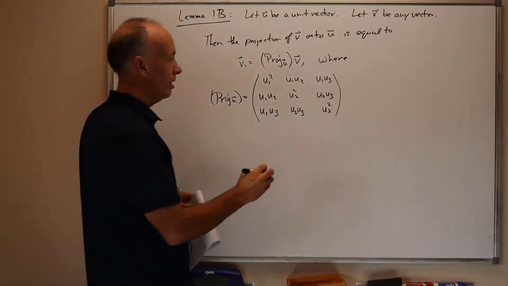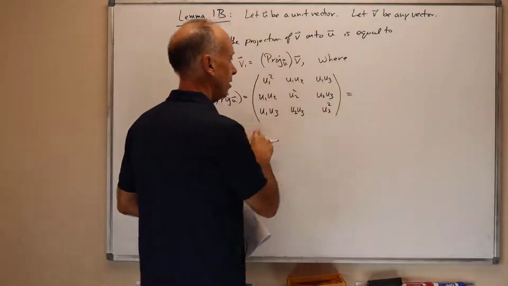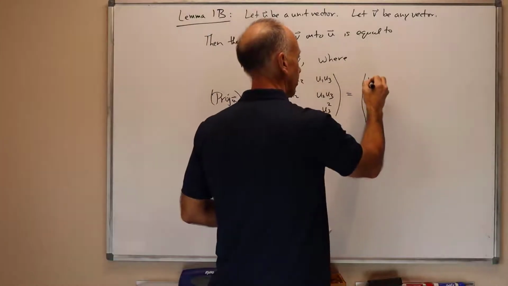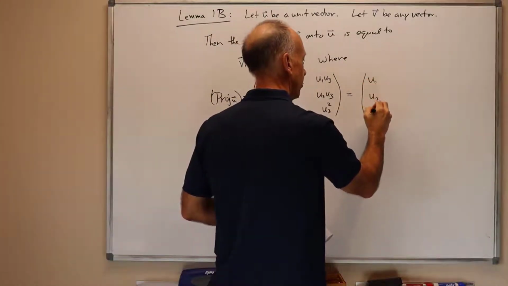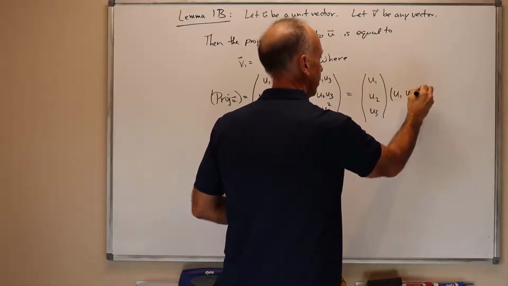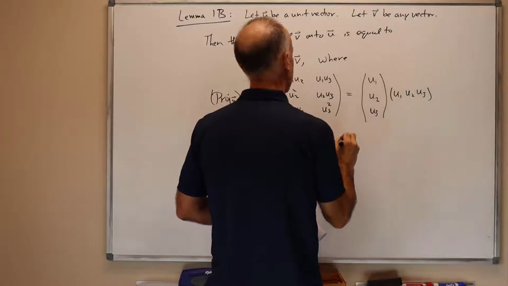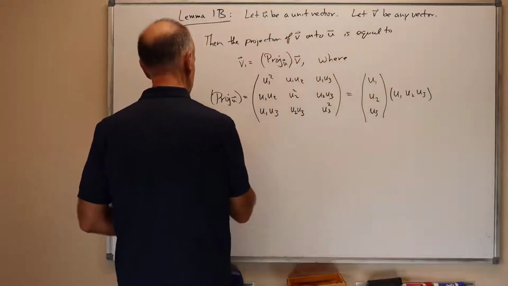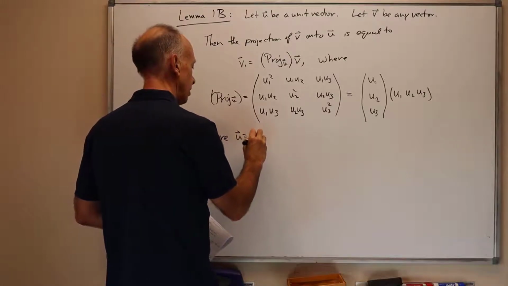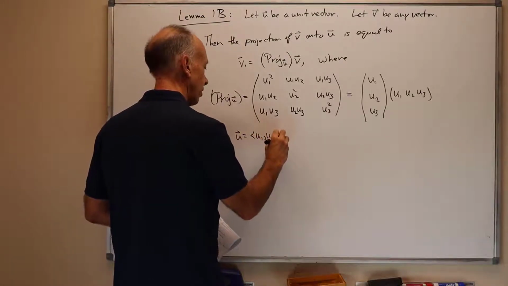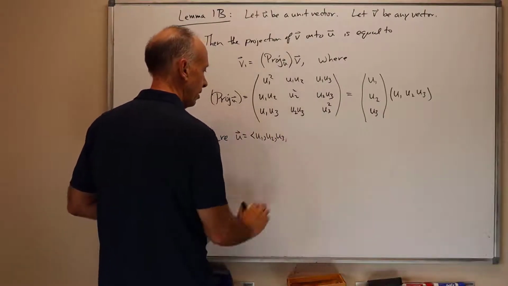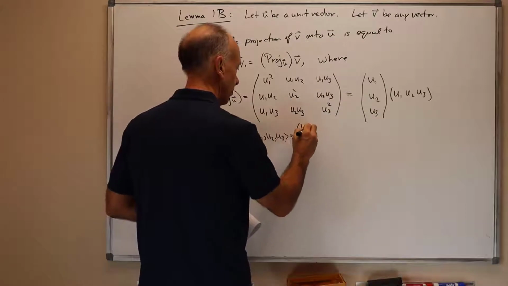We're going to prove this by using some matrix things. We can rewrite this matrix as the column vector u1, u2, u3 times the row u1, u2, u3. Here, I should have mentioned that the vector u is u1, u2, u3, which of course we think of as a column vector, as always. We put angle brackets there to indicate that it's really a column vector.